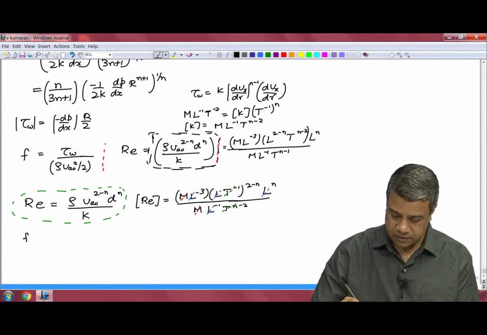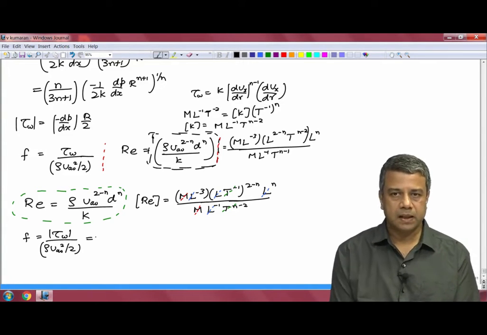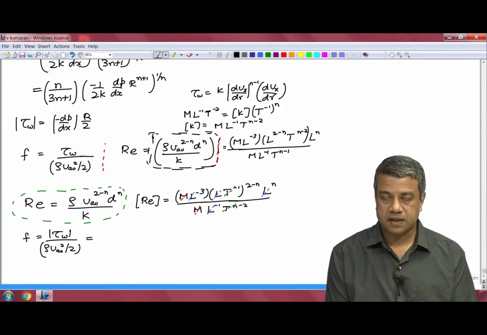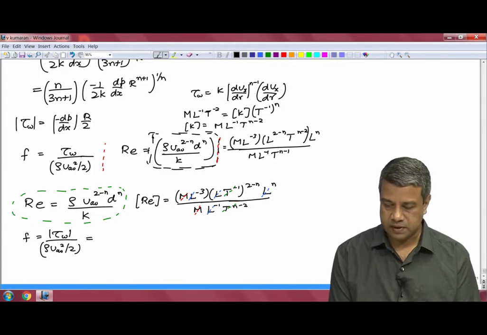The friction factor was equal to the magnitude of tau w by rho V average square by 2. We know for a laminar flow it has to be proportional to 1 over Reynolds number. In this case as well it has to be proportional to 1 over Reynolds number.